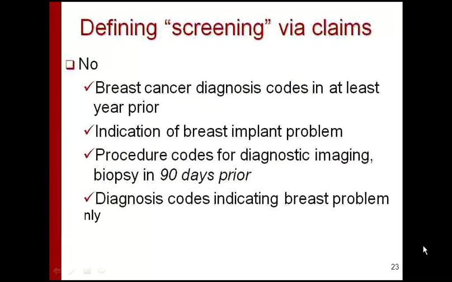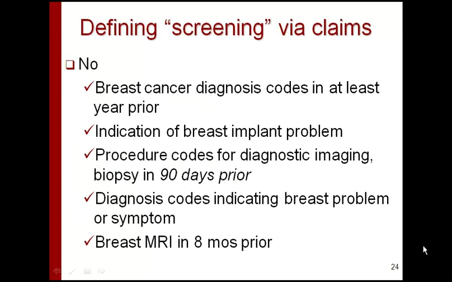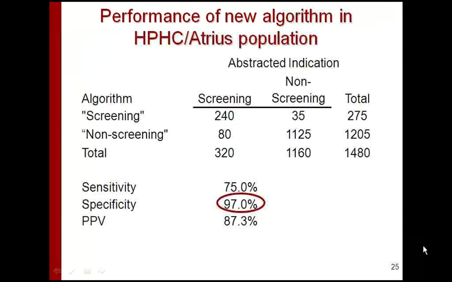So we said in the claims data, basically you can't have prior breast cancer, that makes sense. You can't have any kind of diagnostic imaging or procedure in the period right before your MRI. You can't have had a prior breast MRI within a short interval follow-up, and so forth. So we think we did pretty good here.